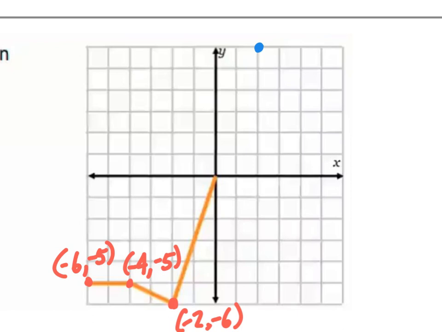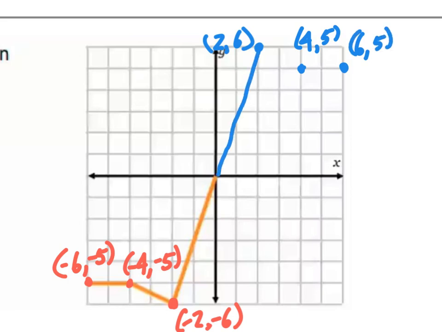Same thing over here: the opposite of negative 4, negative 5 would be 4, 5, which is right here, and the point 6, 5 is right here.